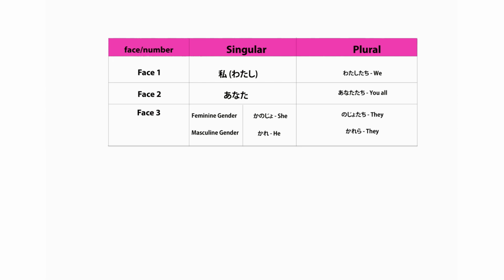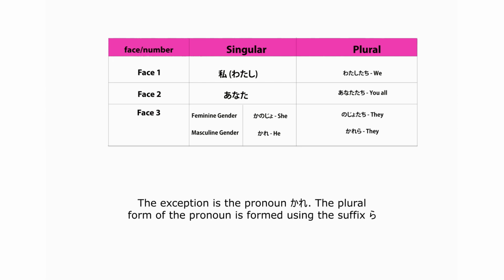We also discussed that the category of number in the Japanese language is weakly developed and is only realized in specific cases. Well, in the case of personal pronouns, the forms of plural number are regularly represented. Attachment of the suffix たち participates in forming the plural forms of the majority of personal pronouns.